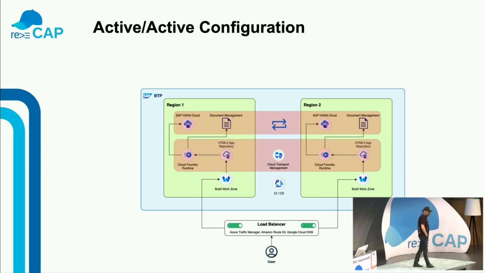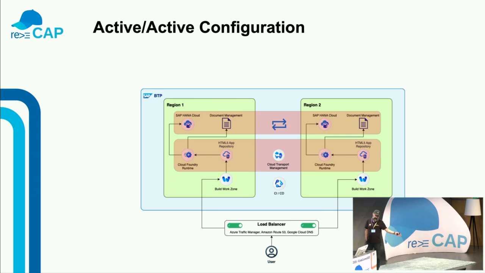Actually, there are some tools. You can use kind of replication options, but they are not doing this in real time. So if you have two different users accessing two different databases, you will have some latency during the updates of these two databases. So it looks like almost impossible to have two different HANA Cloud instances.